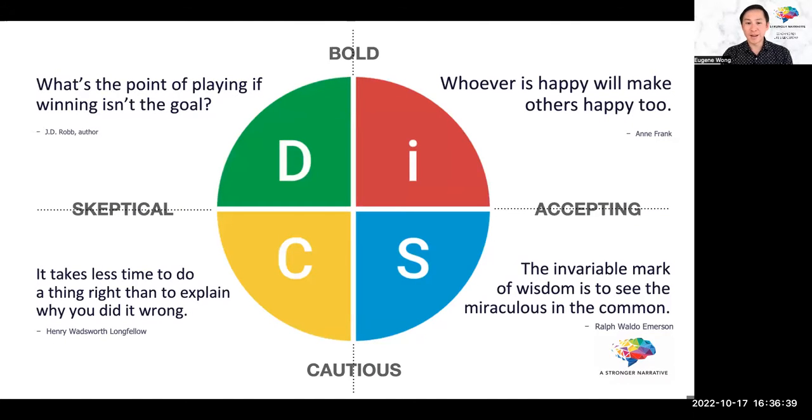So here are some quick quotes. Pretty much with a dominant, it's if I can't win, why bother? With a person of influence, it's like, yeah, if we're happy, then others will be happy too.